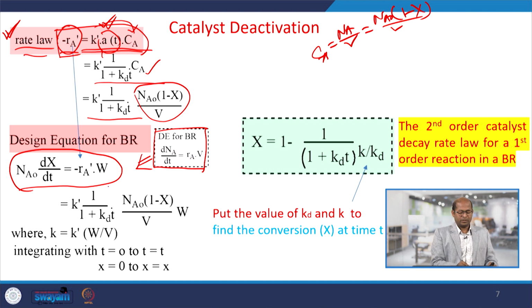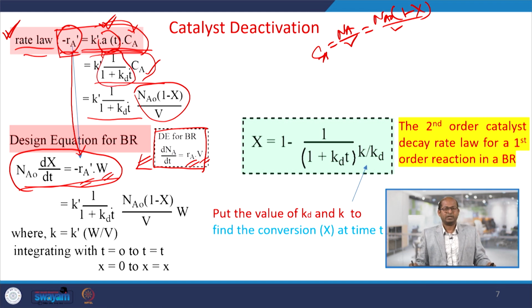Here, instead of R_A we are writing minus R_A prime, and instead of volume we are putting the weight of the catalyst. So this is the design equation for the batch reactor, and for the rate equation we have obtained this. Here we have put the deactivation part also, 1 upon 1 plus k_d into t.